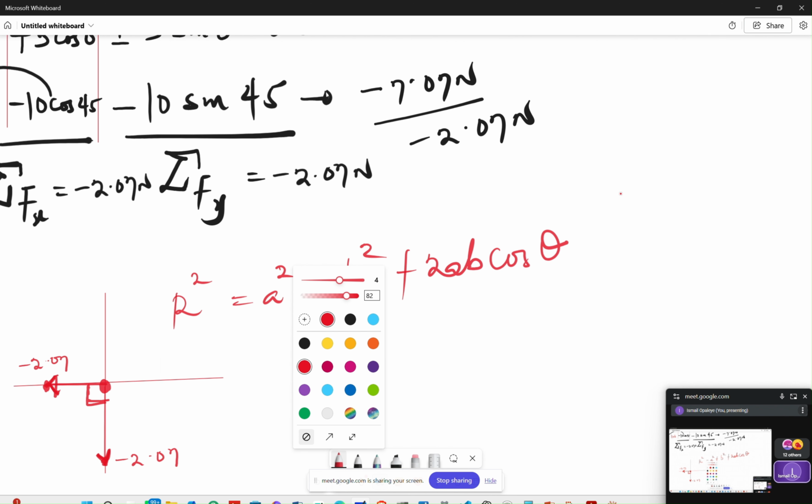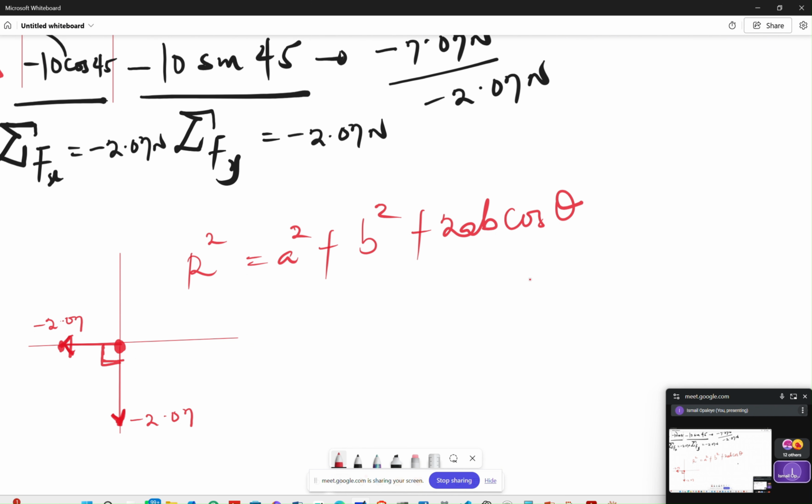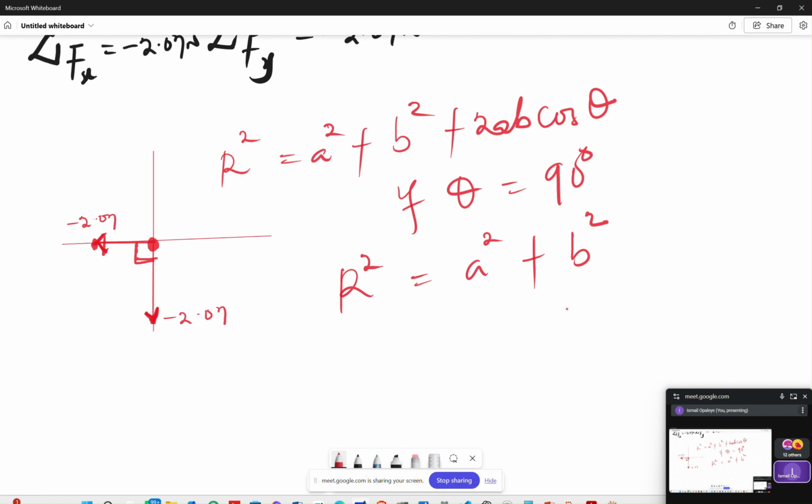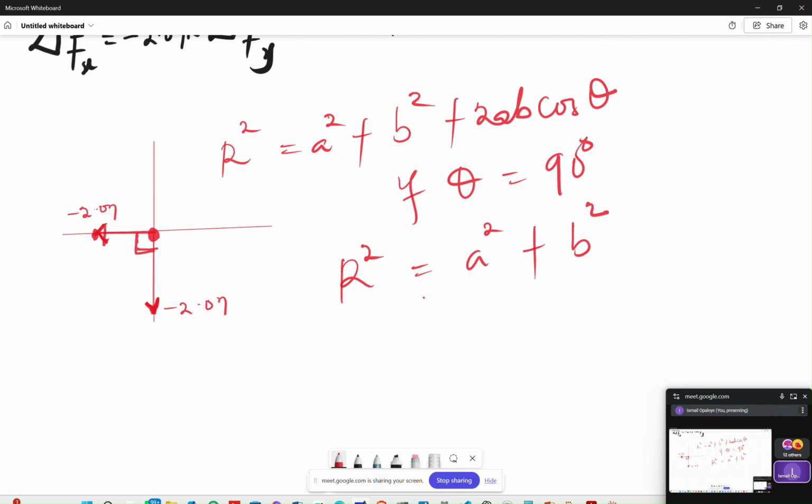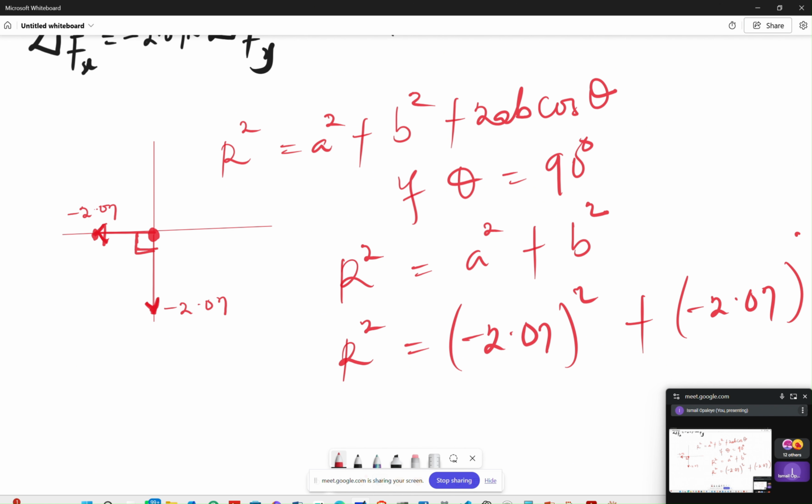cos theta, right? So remember, if theta, which is the angle between them, is 90 degrees, the equation is reduced to a squared plus b squared. Are we together? Yes, sir. Okay? So then r squared is equal to minus 2.07 squared plus minus 2.07 squared. What do we have?